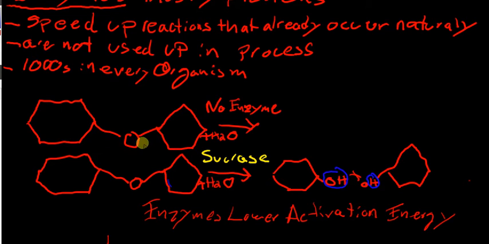You might be wondering, why doesn't sucrose naturally just break apart via hydrolysis reaction into glucose and fructose? And it does, but it takes a very long time. So with no enzyme, even if we put a bunch of sugar in water and let it sit there for hundreds of years, very little would actually break apart into glucose and fructose.